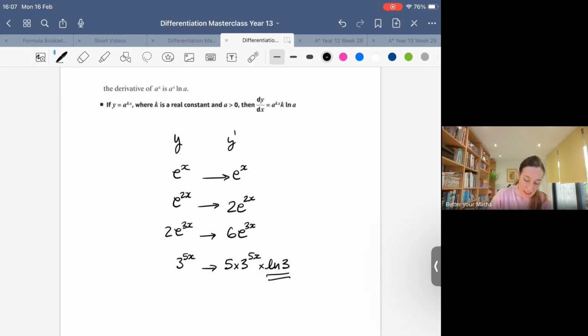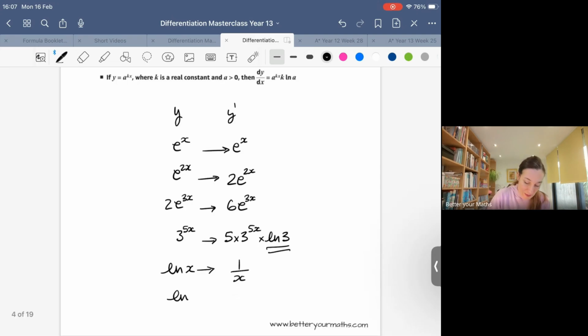Logarithms. If I have ln x, we are going to differentiate that as 1 over x. If we have ln 2x, for example, it is going to be again 1 over x. Surprise, surprise.